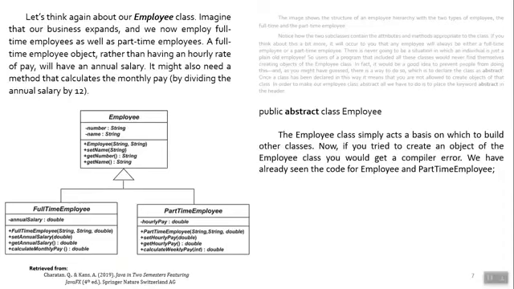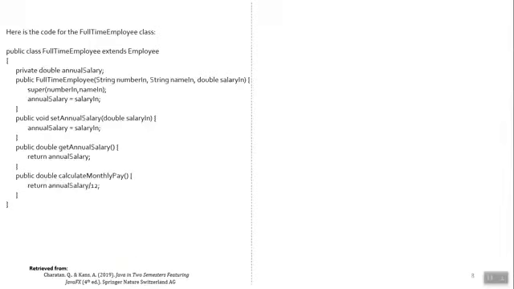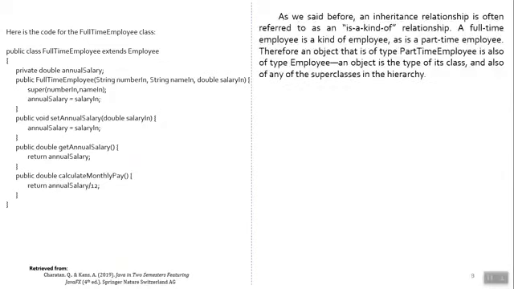We have already seen the code for employee and part-time employee. This time, here's the code for full-time employee. You could try it on your electronic devices and run it as a whole program. As we said before, an inheritance relationship is often referred to as an "is a kind of" relationship.